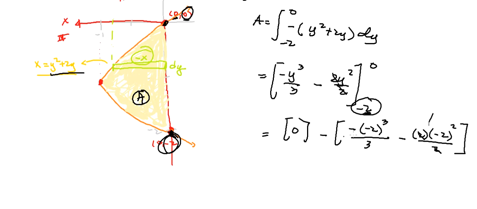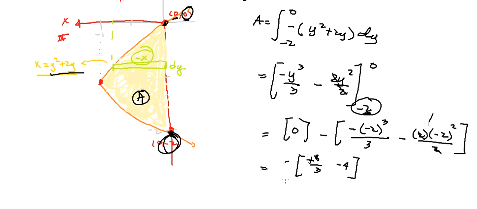So we have negative 8 all over 3, positive 8 all over 3, then 4 minus 4.